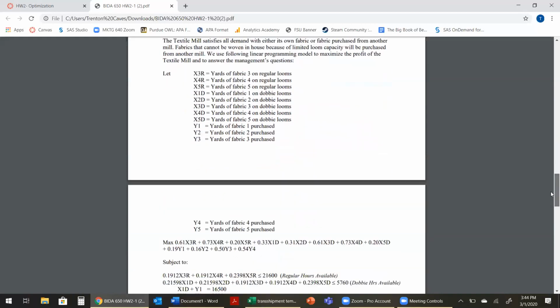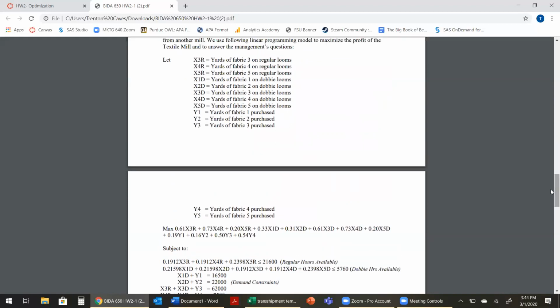And we're given our notation where X is the fabrics on regular looms, and we've got the fabrics on Dobie looms, and then Y is fabrics that are purchased.